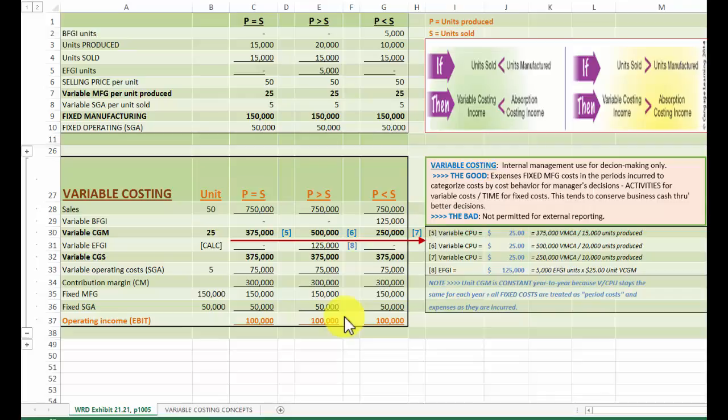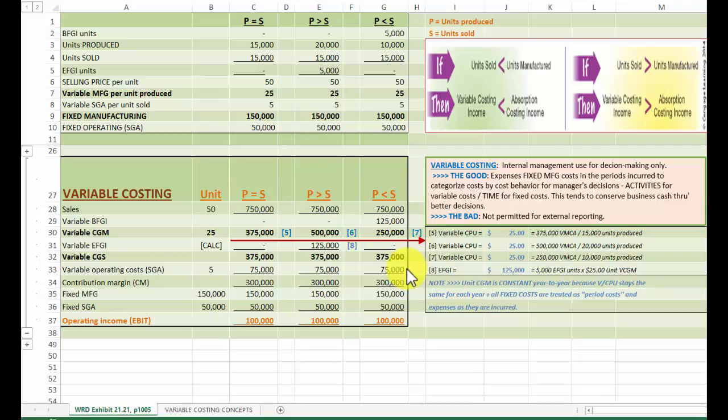be the same. And finally, let's take a look at the third year, when production is less than sales. The ending inventory in the last period would be zero because the company sold all of its beginning inventory plus all 10,000 units that it produced. So the variable cost of goods manufactured plus the beginning inventory would equal the variable cost of goods sold.